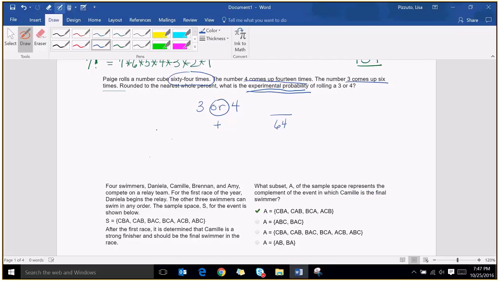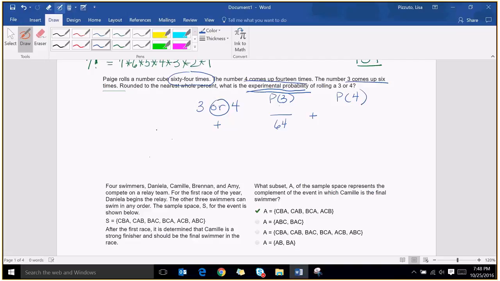No. We're first looking at the probability of 3. Then we are going to add it to the probability of 4. But what is the experimental probability of 3? How many times did the number 3 come up in these 64 rolls? 6 times.